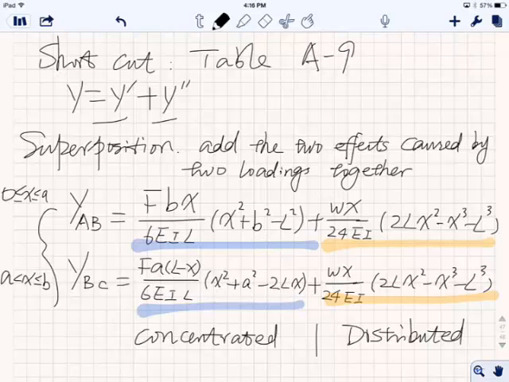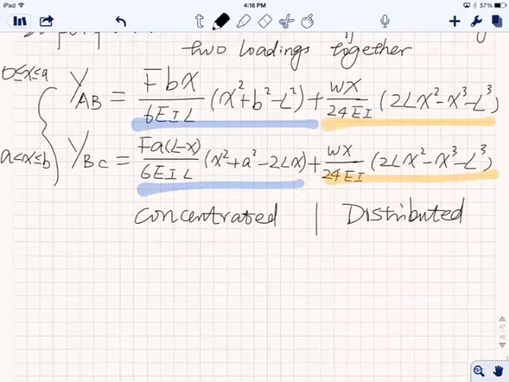Yes? How do you find where the maximum deflection is once you have the distributed and the concentrated? How do you find it out? Okay, there's two ways you can do.